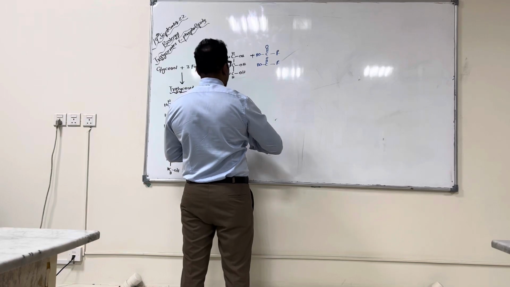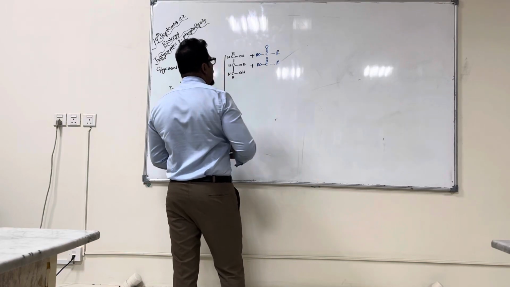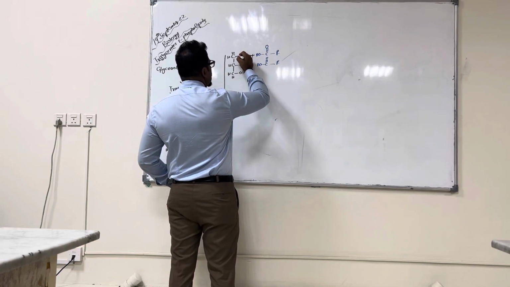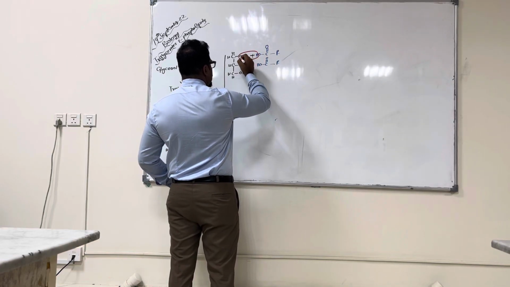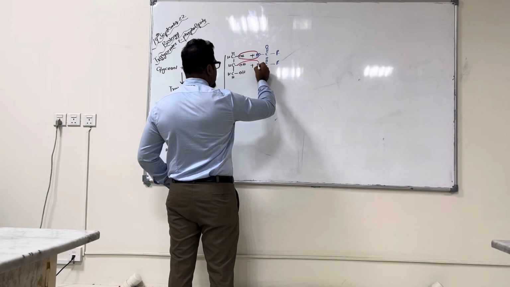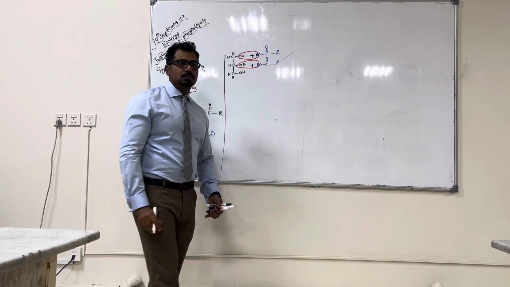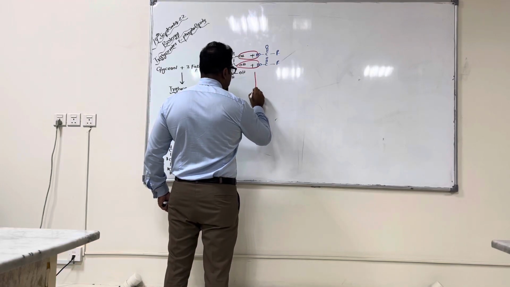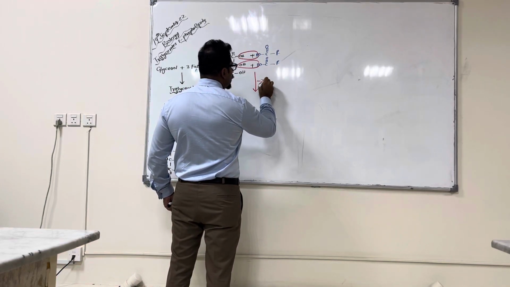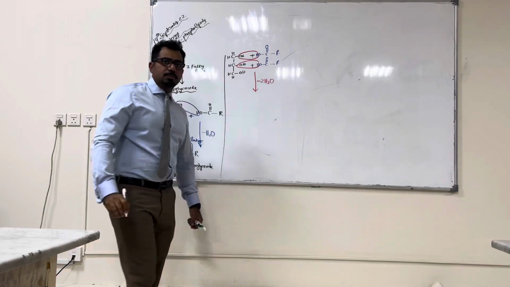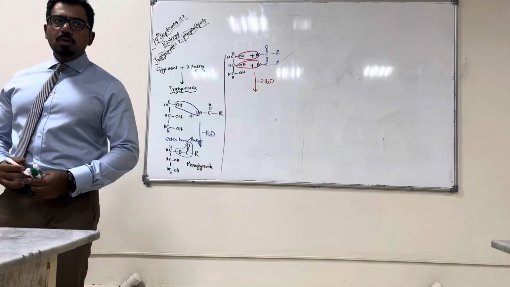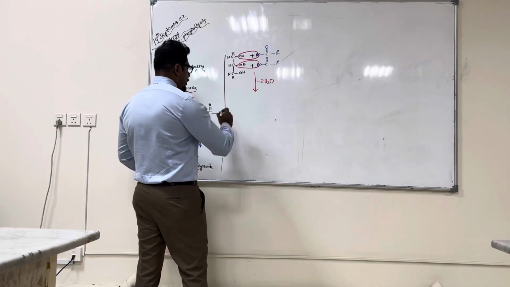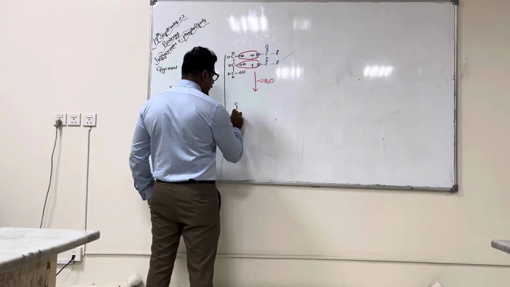Now, what will happen? This hydroxyl will join with this hydrogen. This hydroxyl will join with this hydrogen. In this case, there will be loss of 2 water molecules. When there is loss of 2 water molecules, the new compound which we will get will be like this.